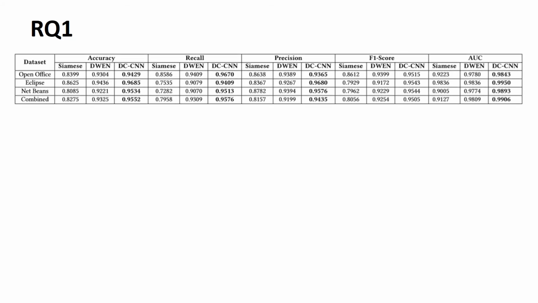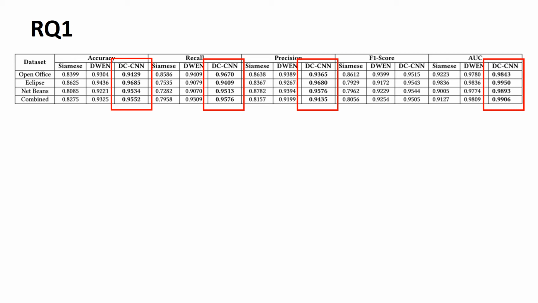This table shows the results of our approach and two baselines. As we can see, the performance of DCCNN exceeds two baselines in terms of all the evaluation metrics. Compared to baselines, our method does show better performance.